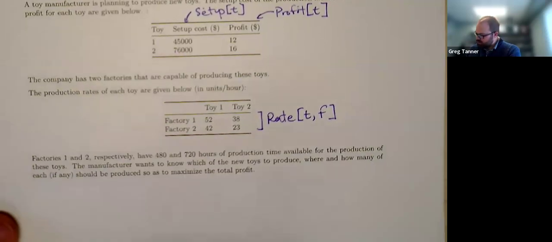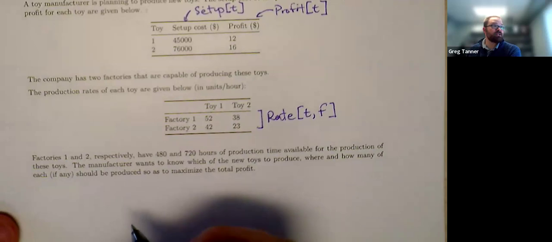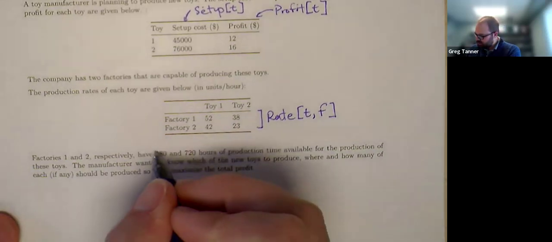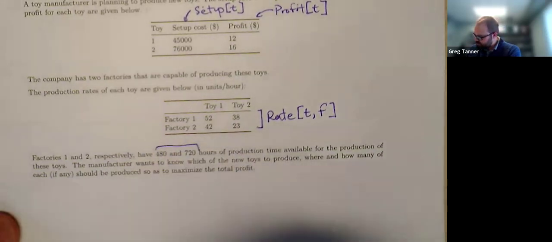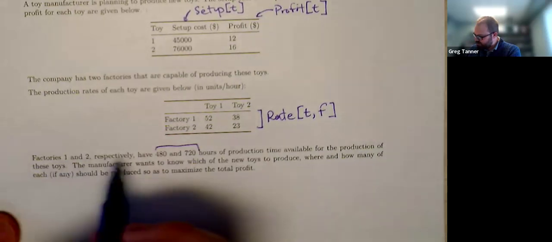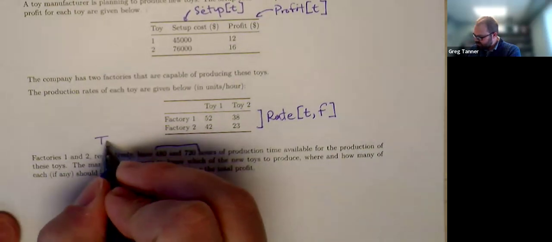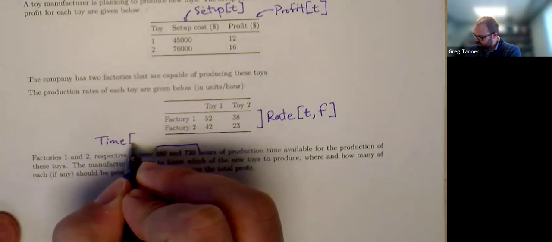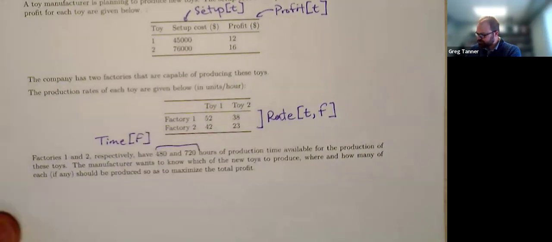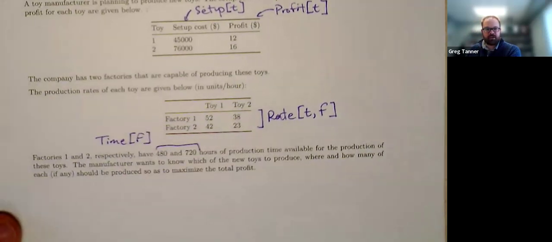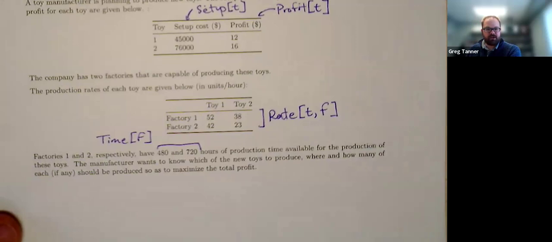And then here are our limits on production time. Those are for factories 1 and 2 respectively, and I'll call those time of F.